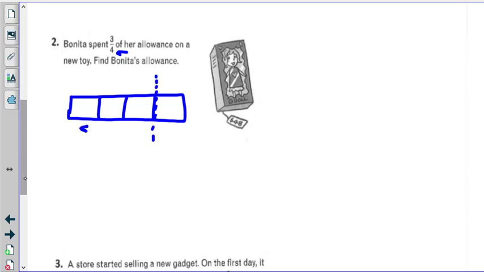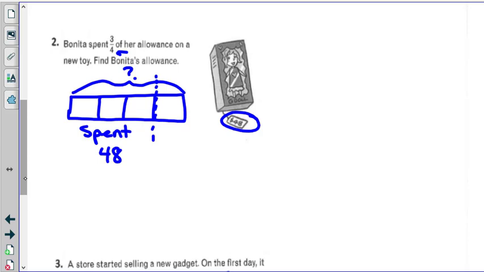This is what she spent, 3/4 of her allowance on the new toy. And the new toy has a price tag here of $48. So she spent $48. She spent 3 out of the 4 on the total allowance. What was her total allowance? We have to put our question mark in here.